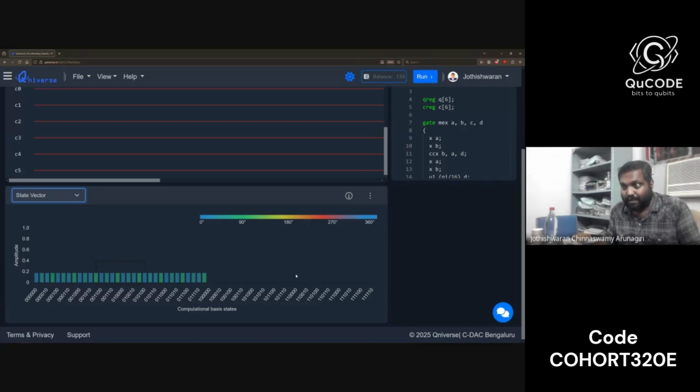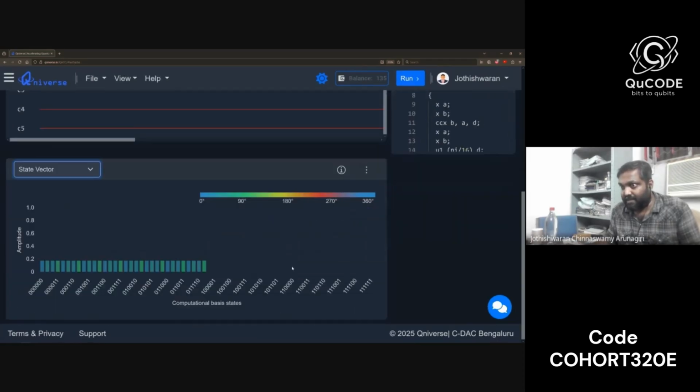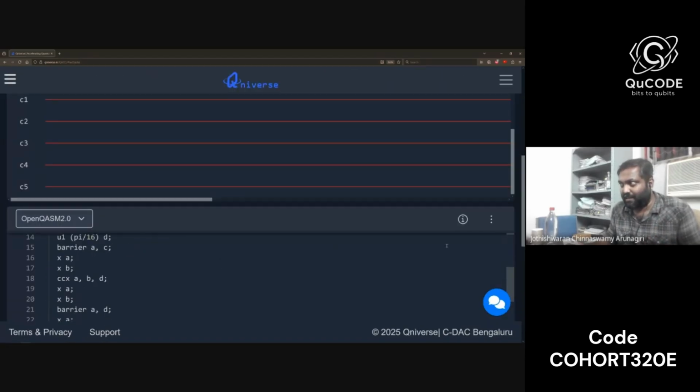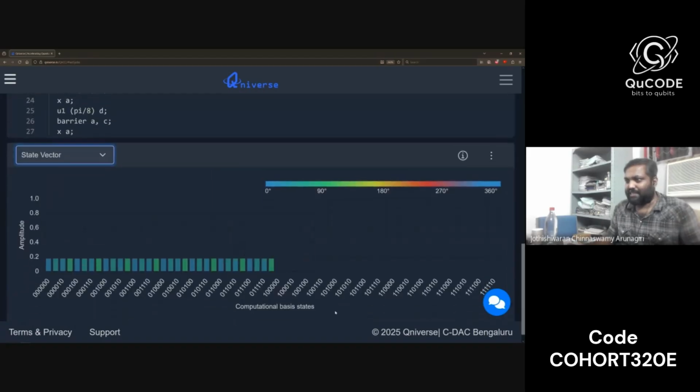As you can see, I hope there is enough contrast on your display. Can I zoom in further and make this? For some reason, the y-axis seems to be rescaling, no matter how much I zoom in. Yeah, it's still the same size, unfortunately. So as you can see, the amplitudes show a pattern of 4 periodicity.